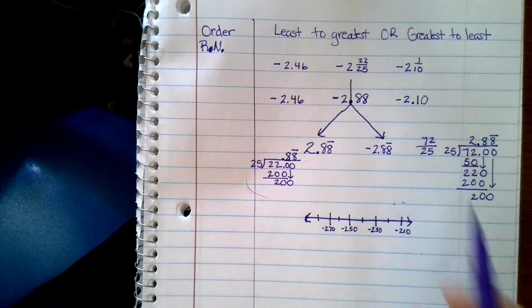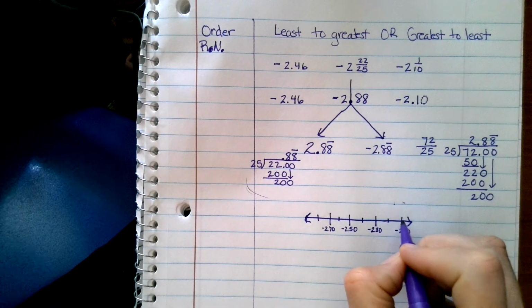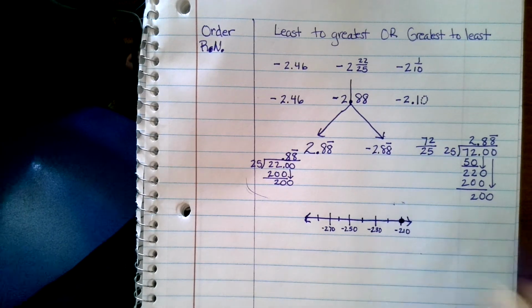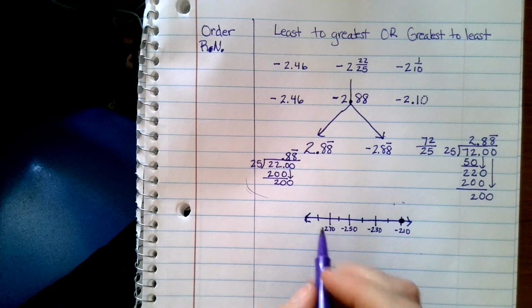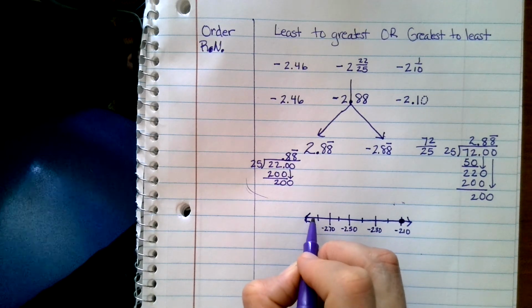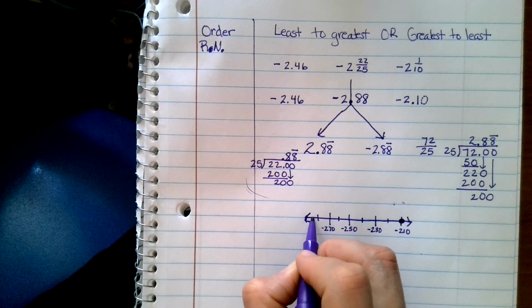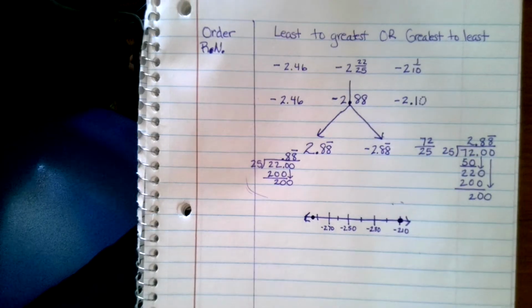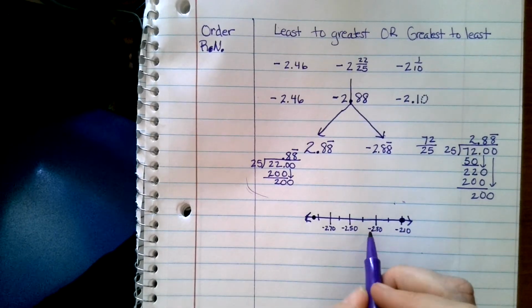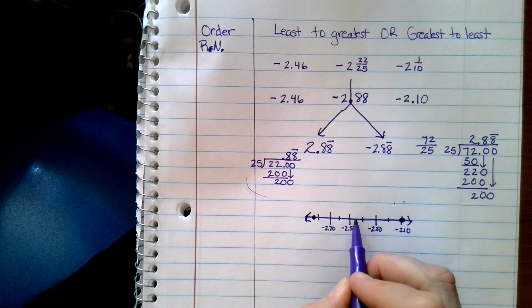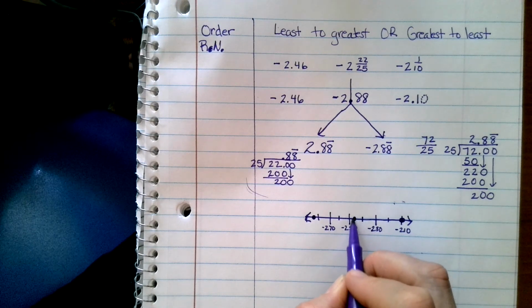So if I were to graph these, here's negative 2.10, negative 2.88. This is negative 2.80, so it's somewhere out here, okay? And then negative 2.46. So here's 2.40. It's a little bit over the halfway mark.